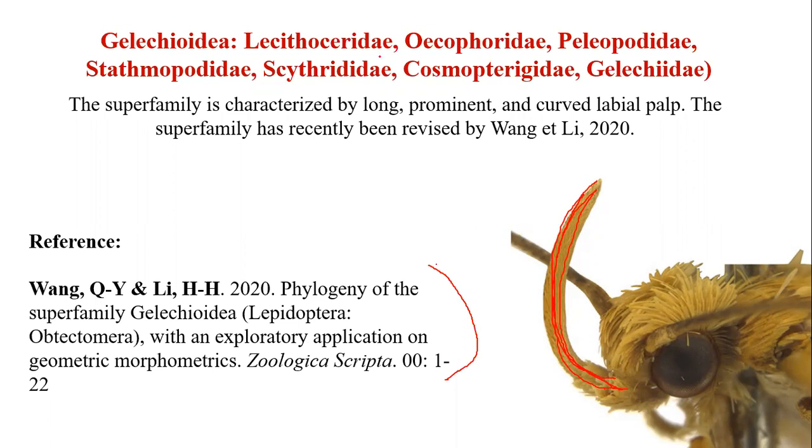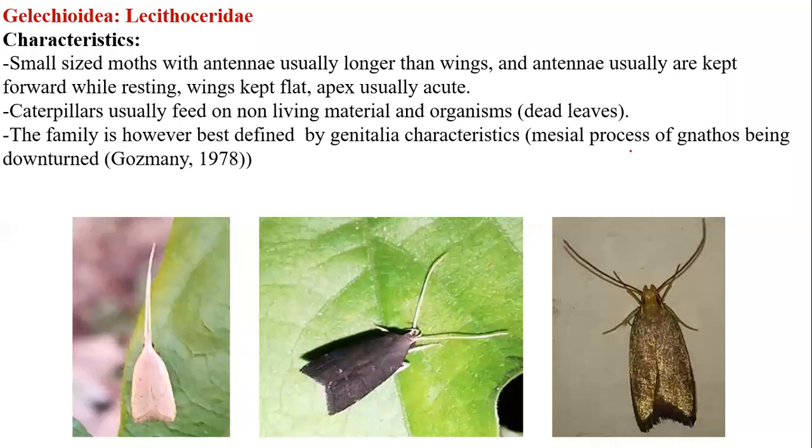Now, which family they are in, it's a very challenging issue because it's often very tough or impossible to identify the moth up to family level. However, let's try to discuss some easily recognizable families of this superfamily.